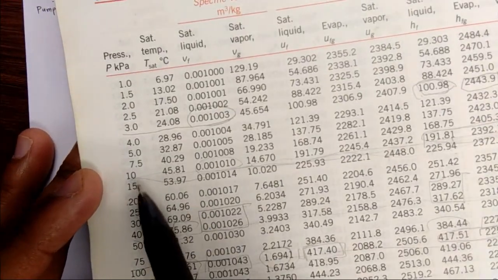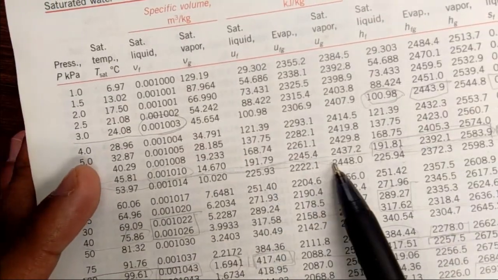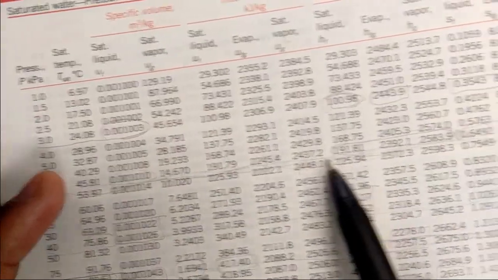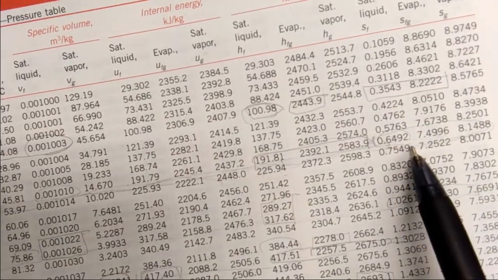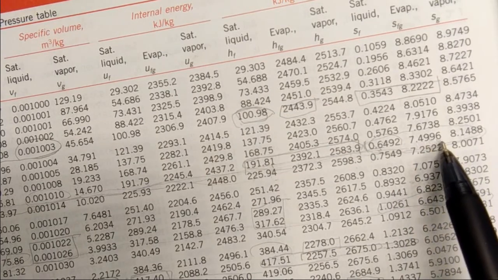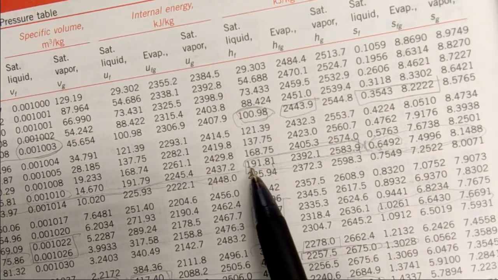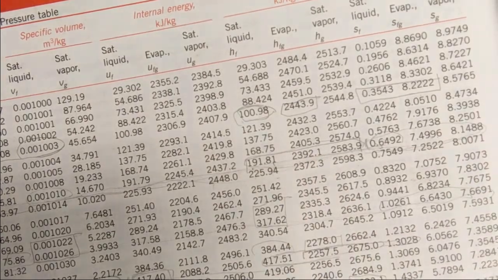10 kPa is here, so your SF is over here, 0.6492, and your SFG is 7.4996. This is your HF and this is your HFG. So substitute into the equation.